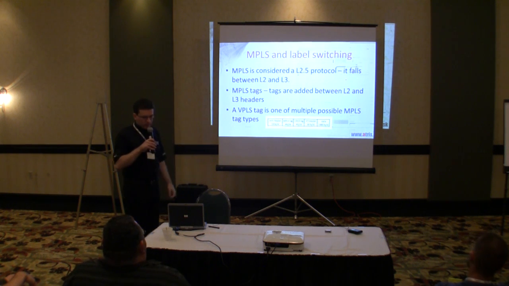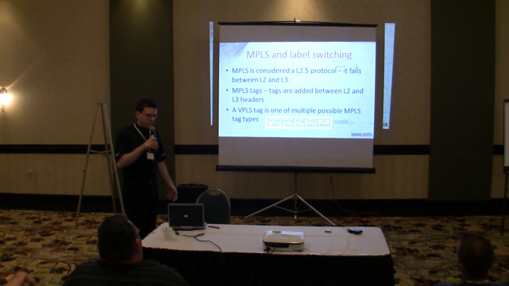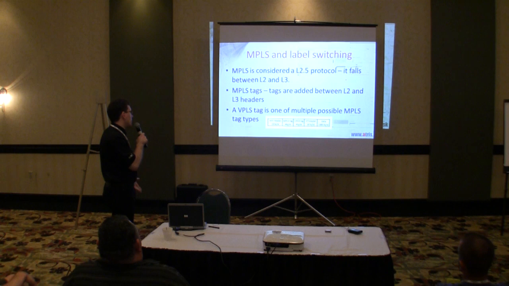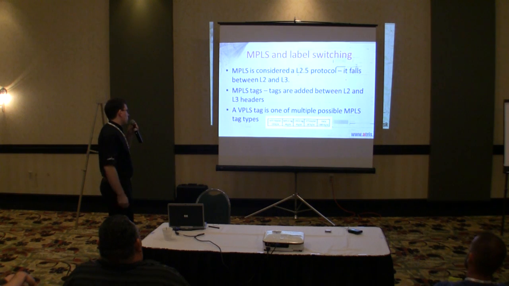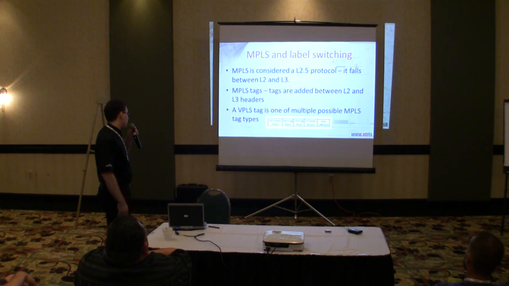So MPLS and label switching. MPLS is considered to be a layer 2.5 protocol, just because it falls right in between layer 2 and layer 3. And then there are the MPLS tags, which we already mentioned. The MPLS tags are added between layer 2 and layer 3 headers. So we have a packet down here that is an MPLS packet, or rather an MPLS frame.